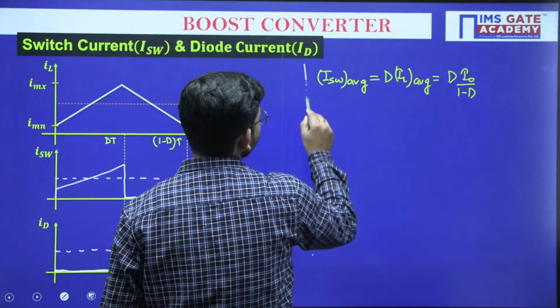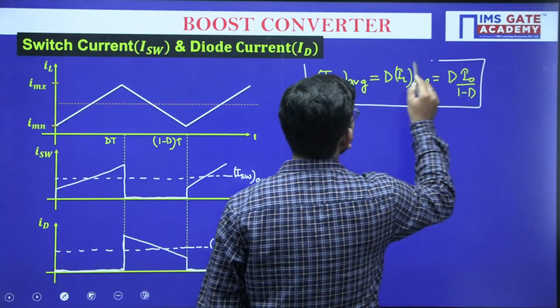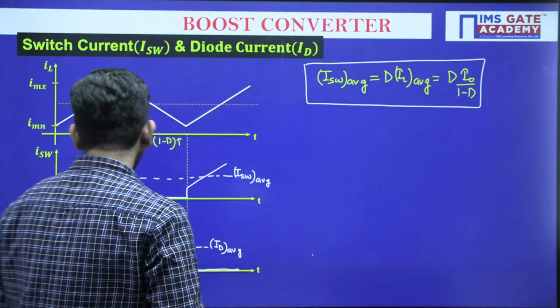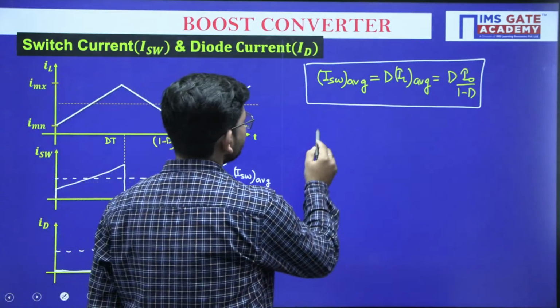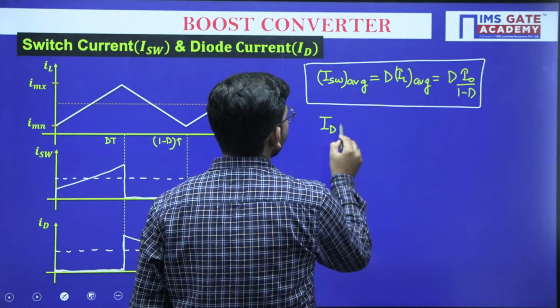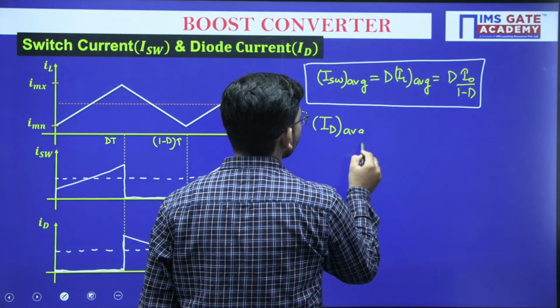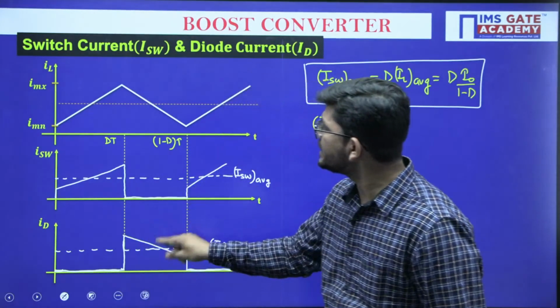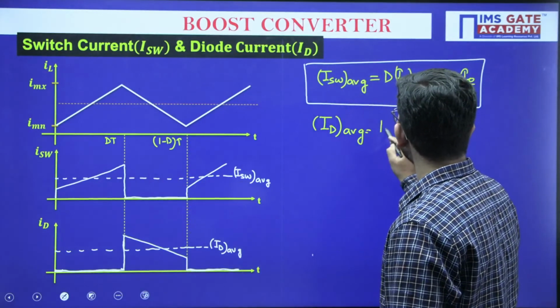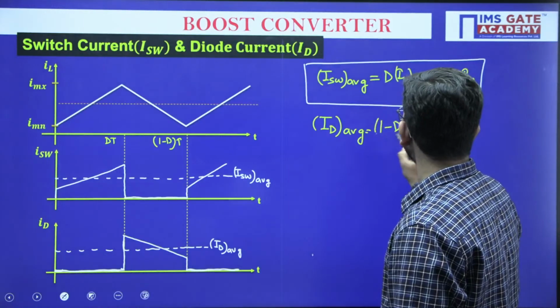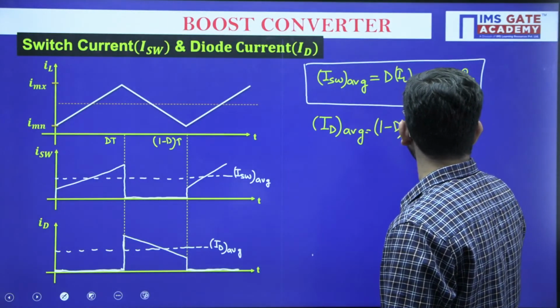Whenever you have to find the average switch current, this is how you can find it. Now what will be the average diode current? The diode is carrying the same inductor current, but during the off period. The off period is denoted by 1 minus D, and it is carrying the same inductor current.